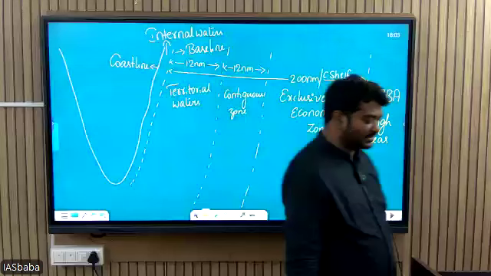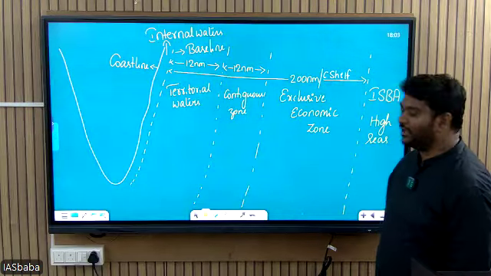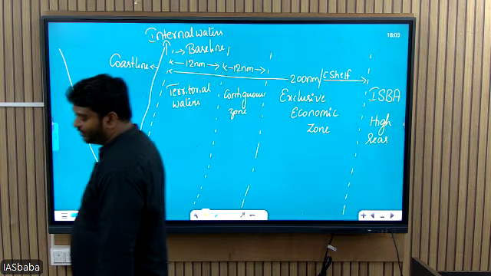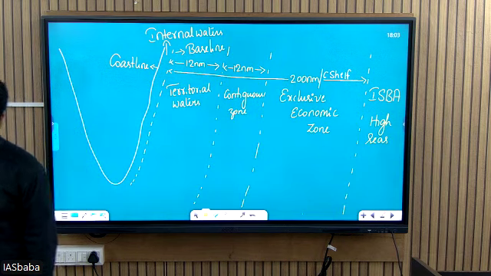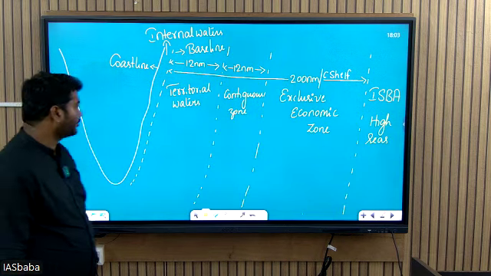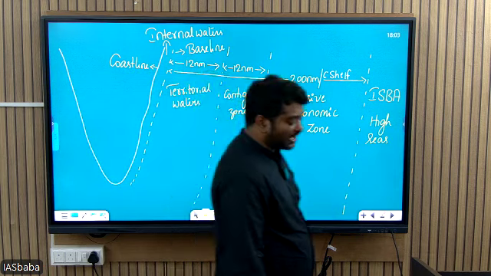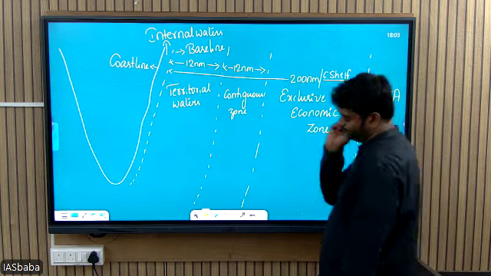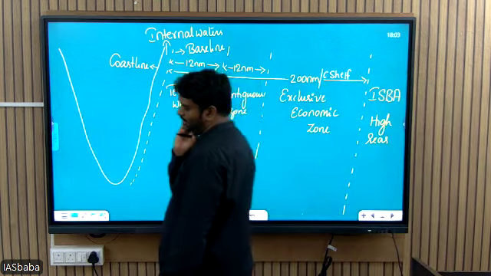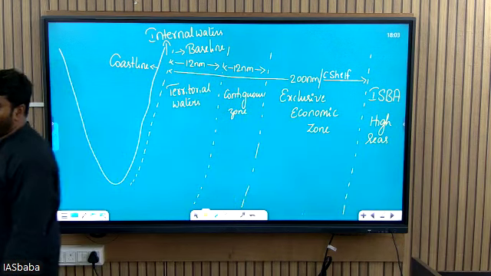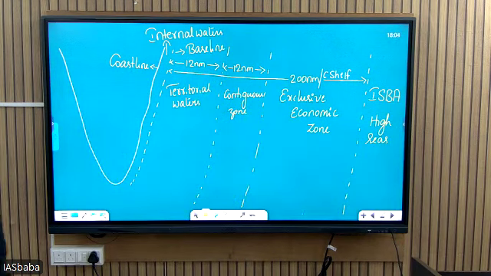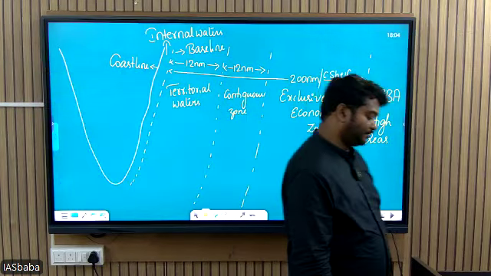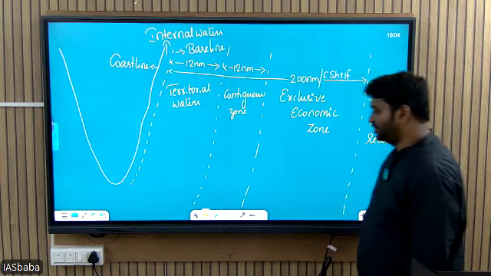It is 12 nautical miles from the baseline where the country will have territorial sovereignty. Full stop.